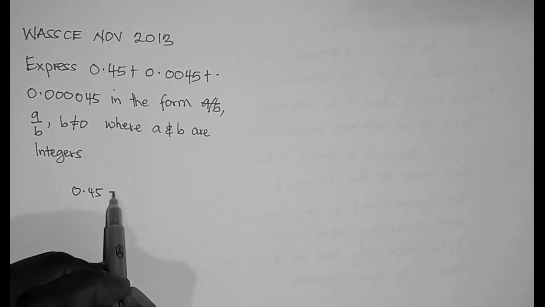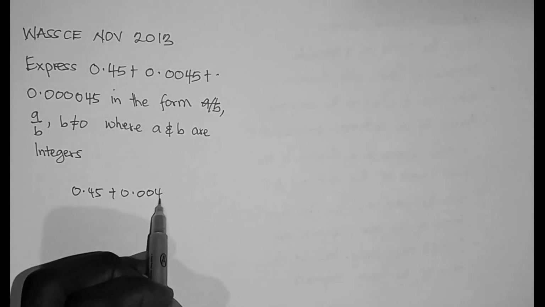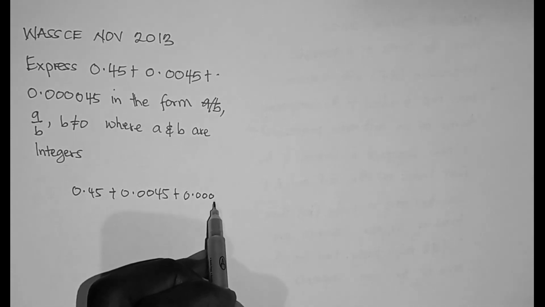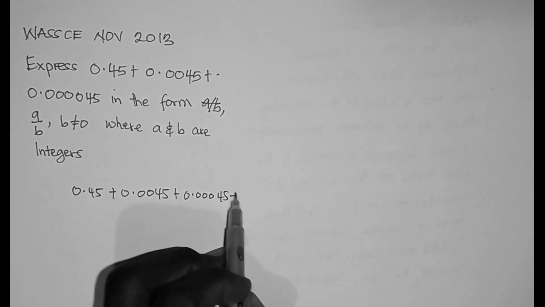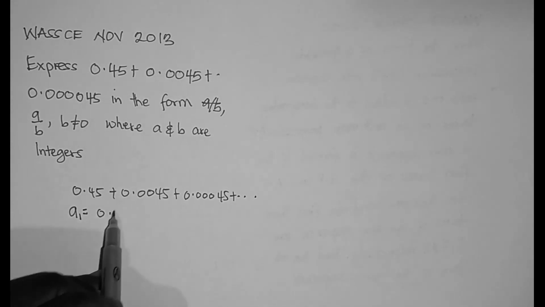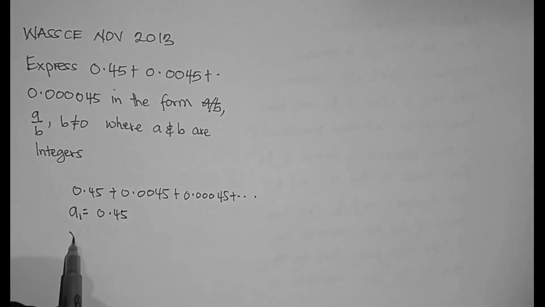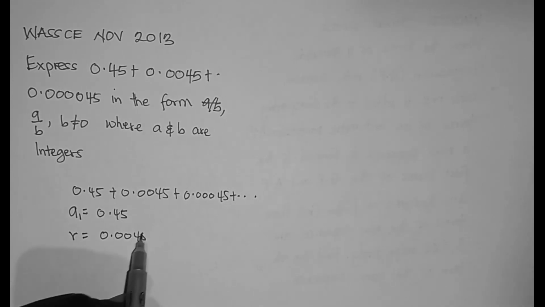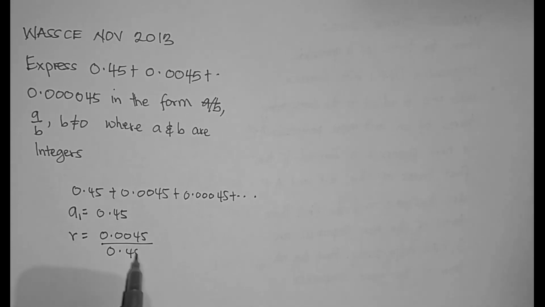So we have 0.45, then plus 0.0045, then plus 0.00045, up to infinity. So the first term a1 is equal to 0.45. Then the common ratio r is the second term, 0.0045, divided by 0.45, and this is equal to 0.01.